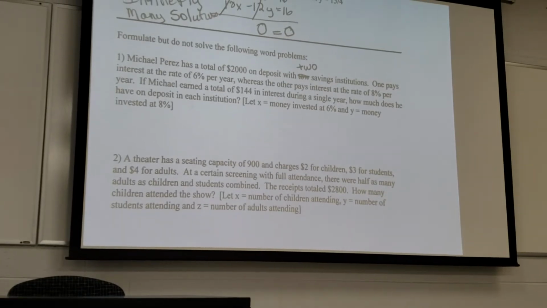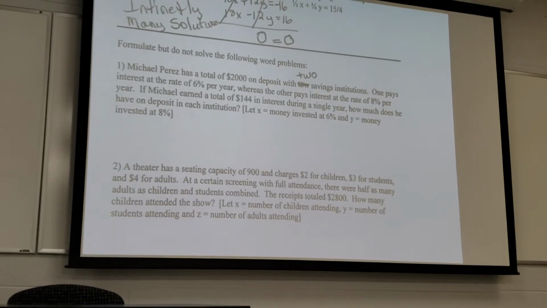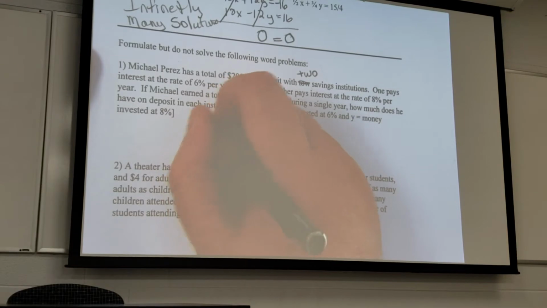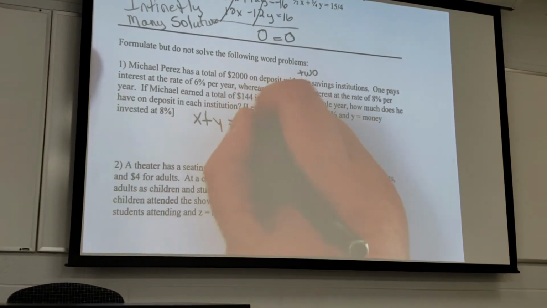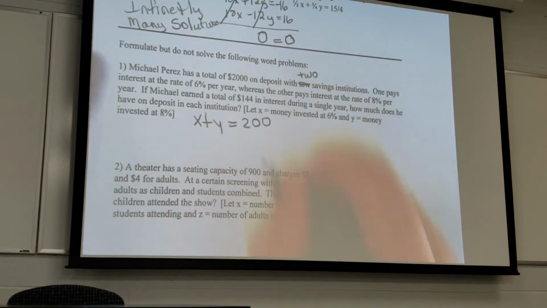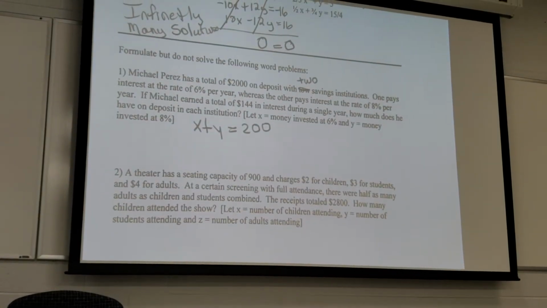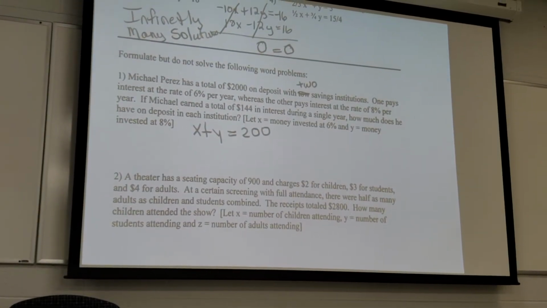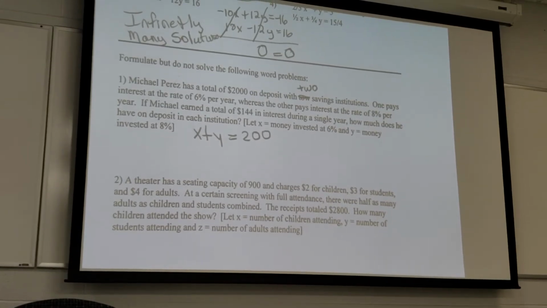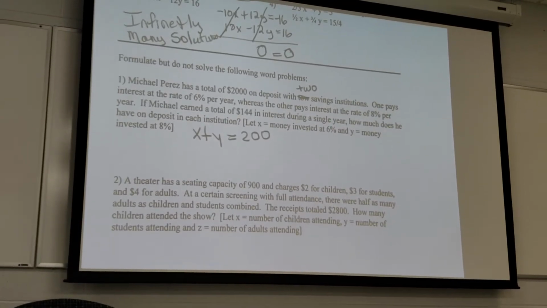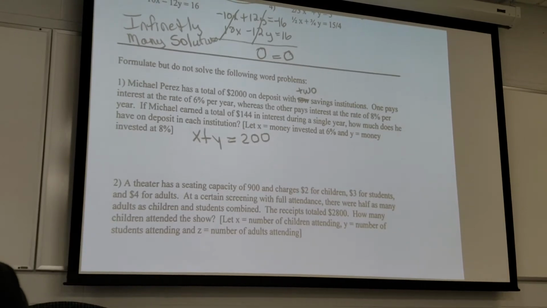So for the first one, you're gonna say x plus y is equal to 2,000. Alright, and I know that he earned $144 in interest during that year. You're missing a 0. What? You said 2,000, right?